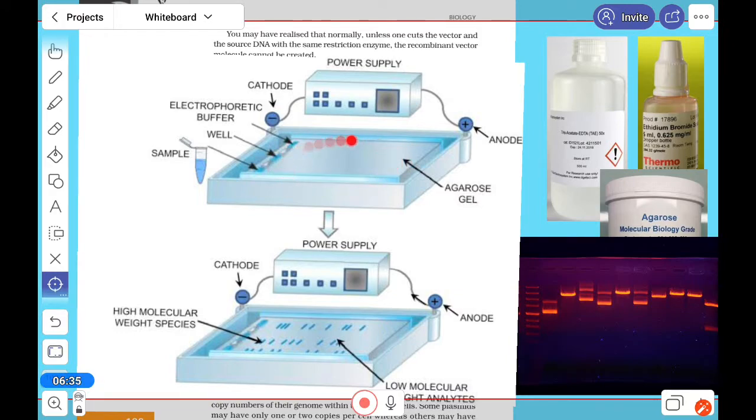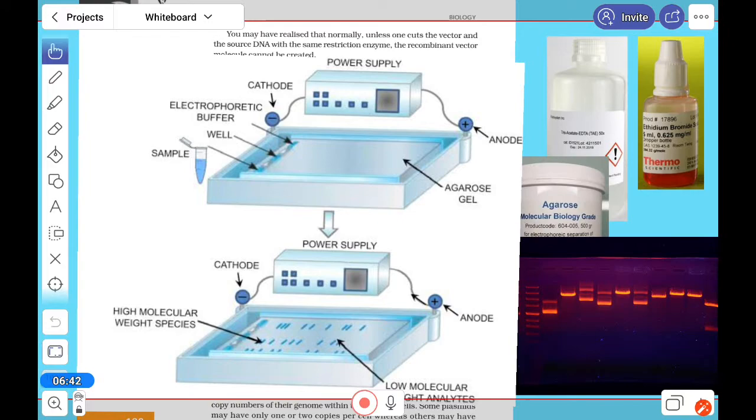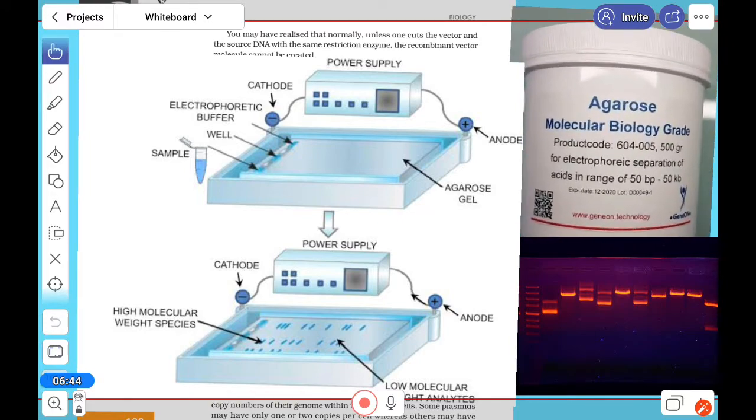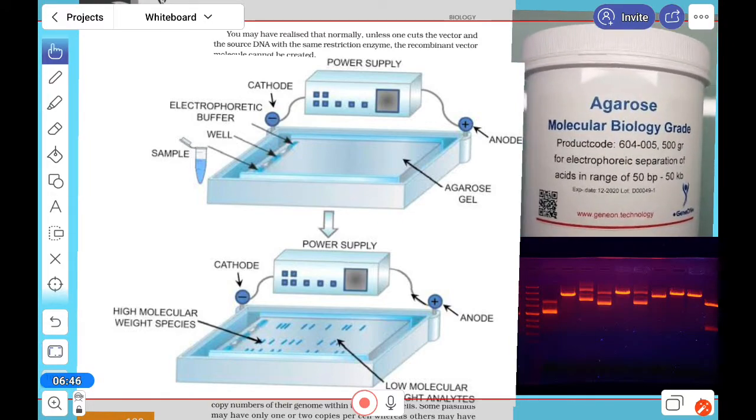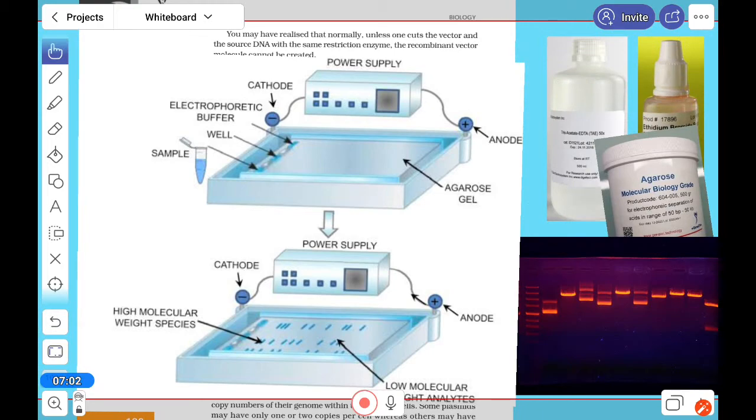This agar-containing gel is available in the market, and it can be used in electrophoresis for separation.